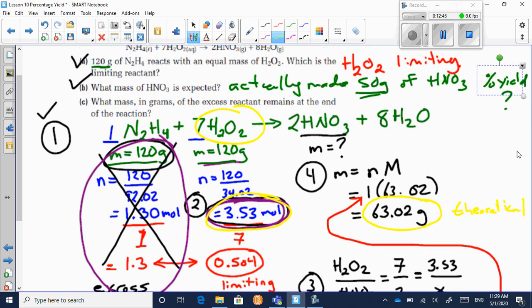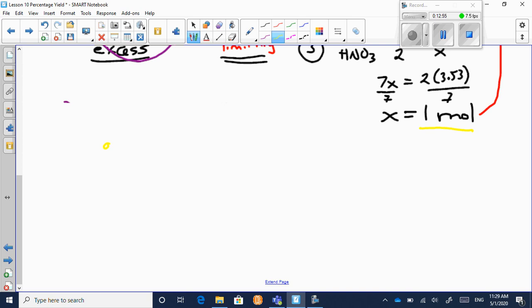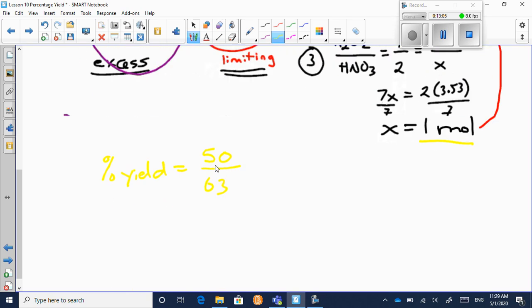Okay, so we now need to compare this to what the question said you actually got. And so you would finish this question off by saying, well, the percentage yield for this one is 50 divided by 63 times 100, and you would do that new calculation, 50 divided by 63 times 100, and you get roughly a 79% yield.